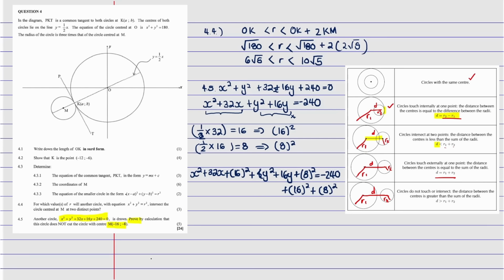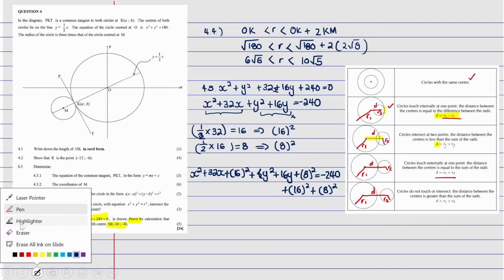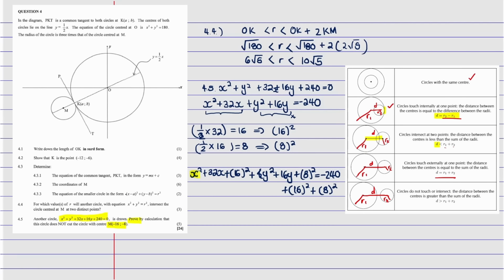So let's simplify this. Remember, you're going to take this one and this one for x, and for y, you're going to take this one and this one.